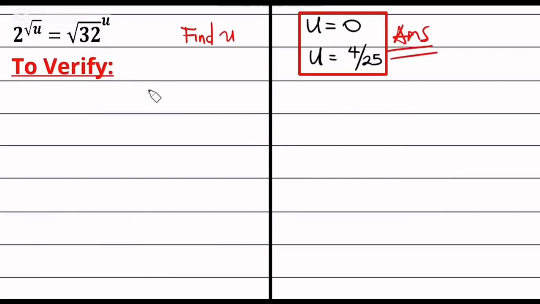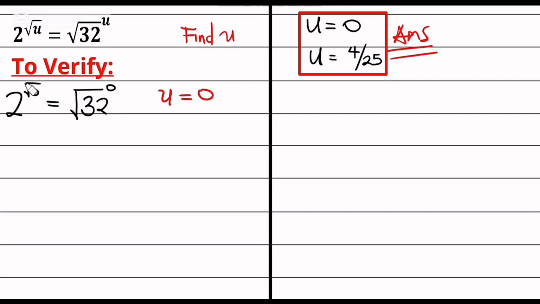Hence, to do this, confirming if u equals 0, if I insert that properly, I'm going to have 2 into the square root of 0. This time around is going to be 0, because u is to be tested. If it is 0, then it equals the square root of 32, then raised to the power of 0.